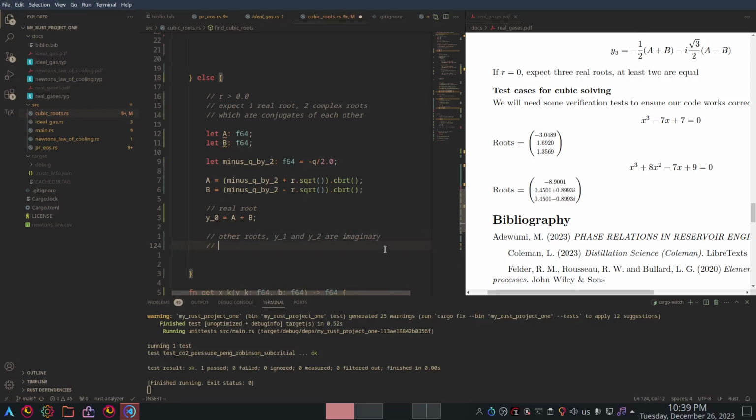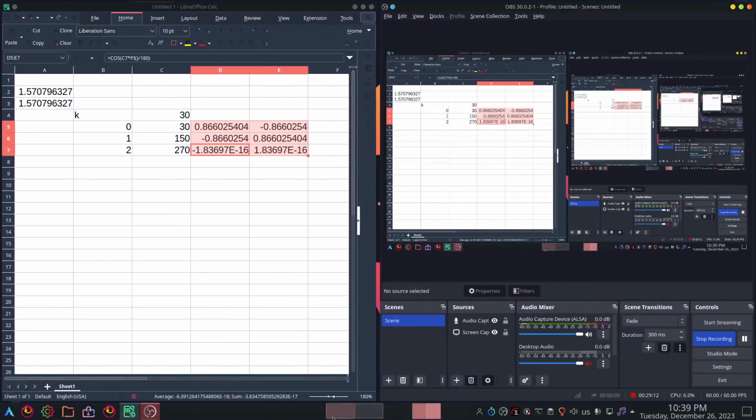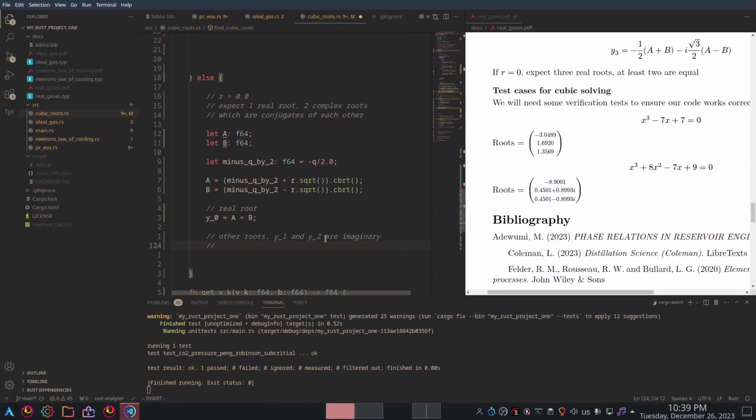So they are like null values, and that's problematic. In this case, we are not interested in imaginary roots, so y1 and y2 are undefined.